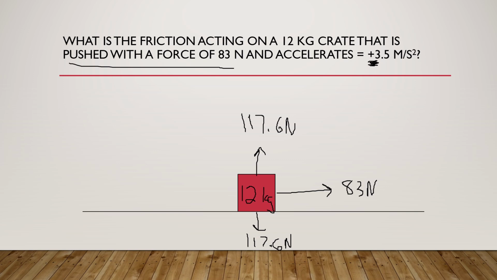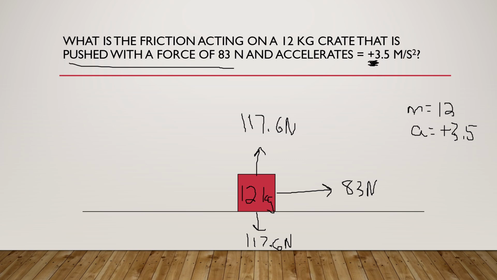Now, we know that the mass is 12. We know that the acceleration is 3.5 positive. So how do we get the net force? The net force is just mass times acceleration.